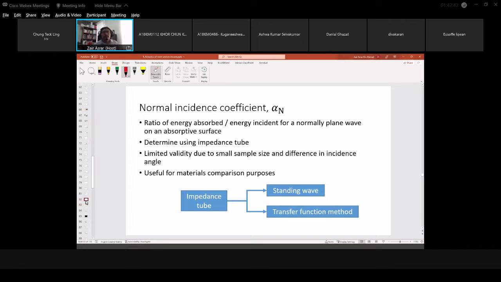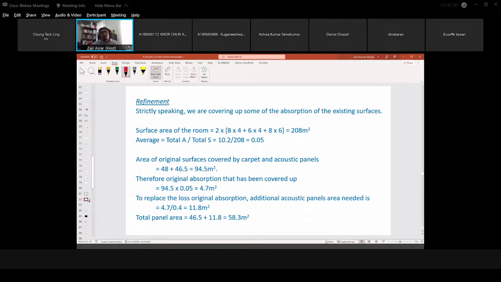Basically, this topic and also the topic of dB arithmetic are favorites for your final exam in terms of calculation, of course. Because I can ask lots of calculation questions based on these two topics.